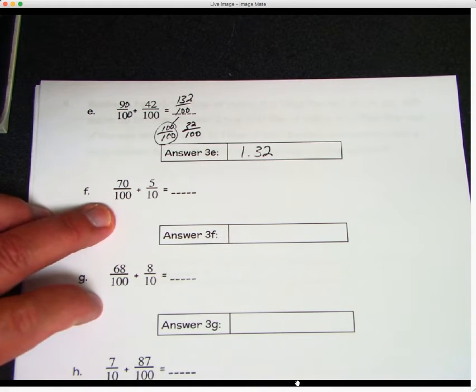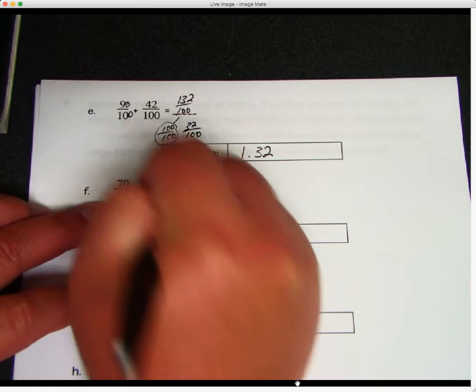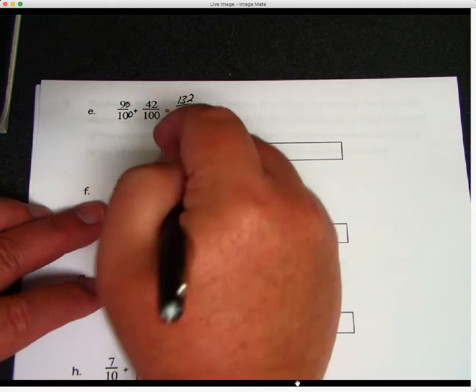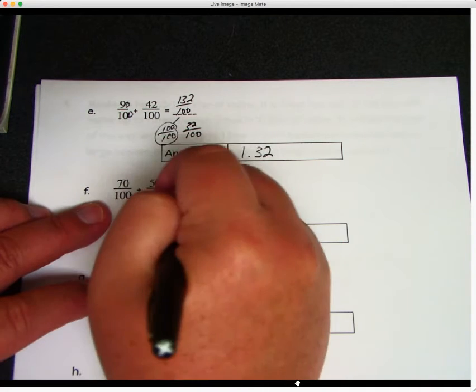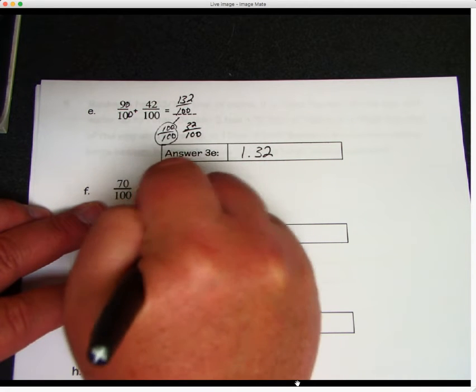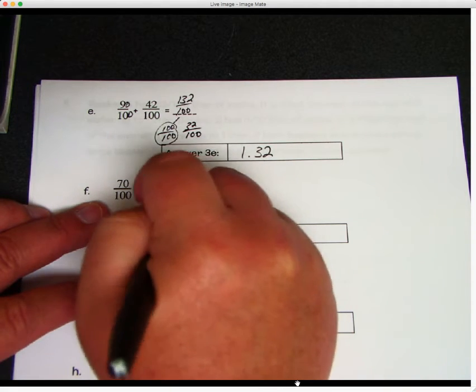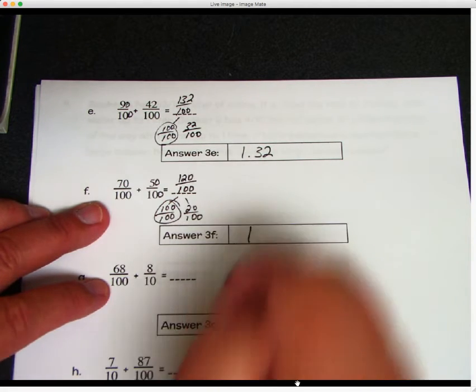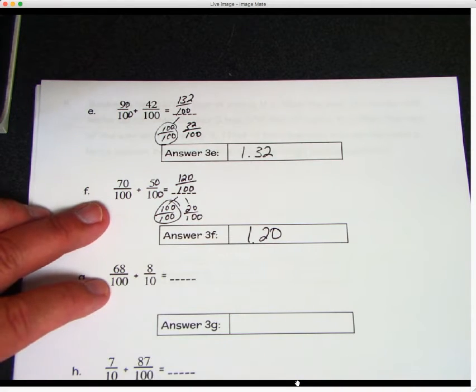70 100ths plus 5 tenths. Got to make it 50 hundredths. 70 plus 50 is 120 hundredths. Decompose. 100 100ths and 20 hundredths. 100 100ths is 1 and 20 hundredths.